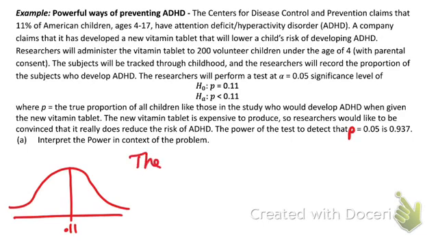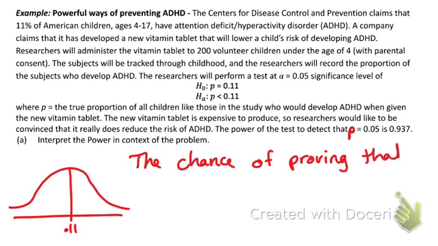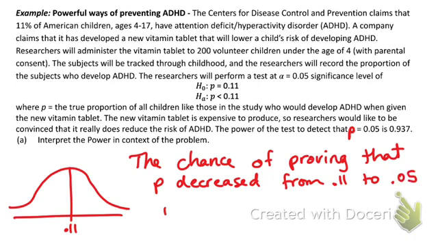So, the chance of proving that P decreased from 0.11 to 0.05 is 0.937. That's our chance of proving that this vitamin decreased our ADHD from 11% all the way down to 5%.